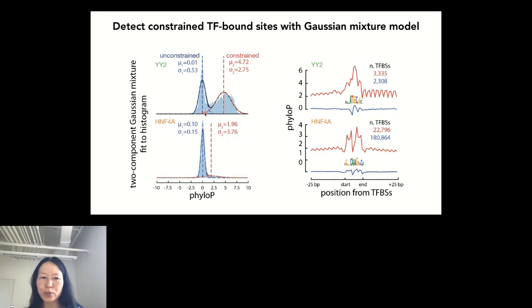The distance between them tells you how much more conserved the conserved subset is compared with the subset that's not conserved, which is more or less the same across different TFs. You can see the conservation here for the conserved subset, and then also the logo. The not constrained subset really doesn't show much conservation.